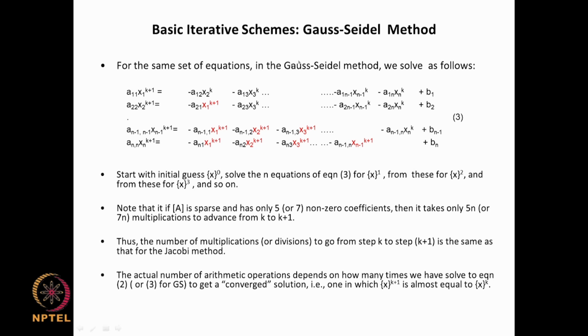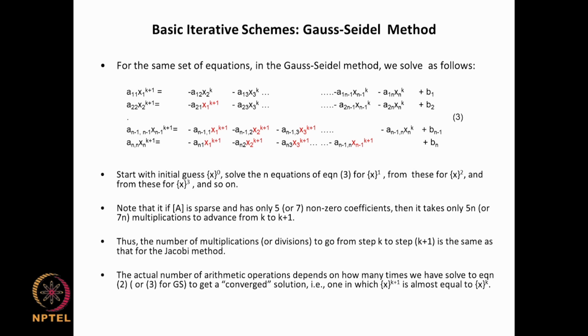and the Gauss-Seidel method will consume exactly the same number of arithmetic operations as the Jacobi method to advance from step k to step k plus 1. But there is one key difference which sometimes makes the Jacobi method better than the Gauss-Seidel method.